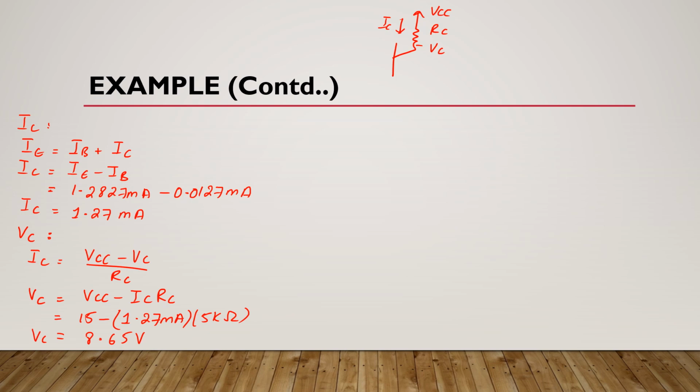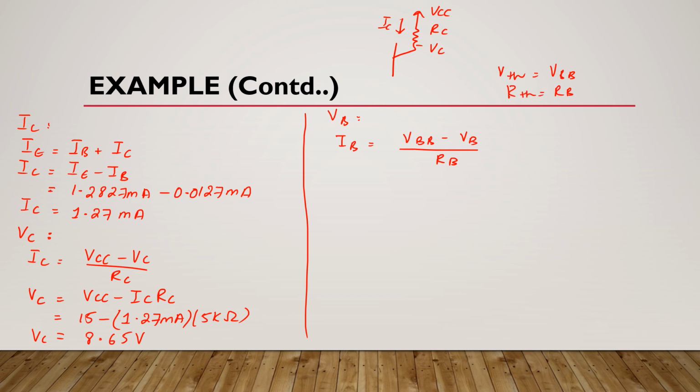Okay. Now we will find the nodal voltage of the base, VB. For this, we will use this equation. IB is equal to VBB minus VB divided by RB. Okay. In this case, VTH is equal to VBB and RTH is equal to RB.